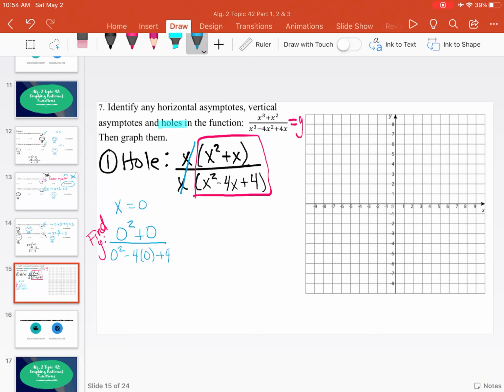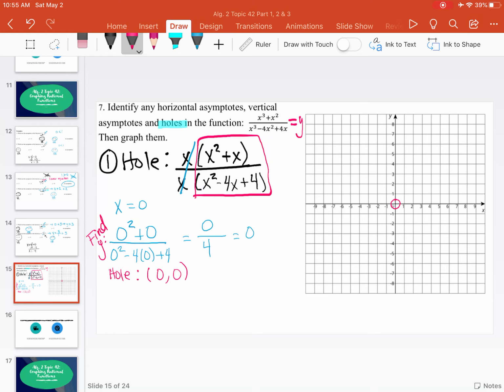Simplifying, I'm left with 0 squared plus 0 gives me 0 in the numerator, and then 0 squared minus 4 times 0 plus 4 gets me 4 in the denominator. 0 divided by 4 gets me 0. So the coordinate of my hole is going to be at 0, 0. And in my graph, I'm literally going to draw a hole or an open circle at that point.